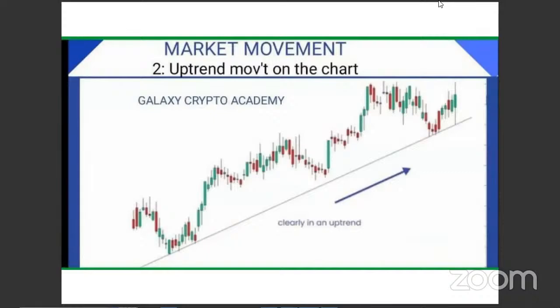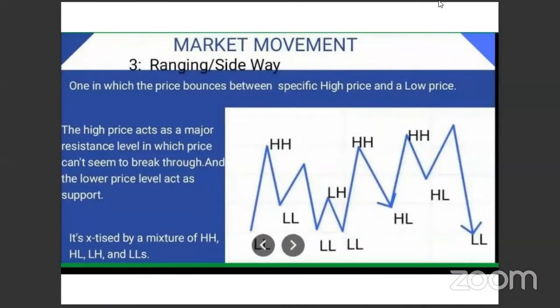And we could say that is an uptrend. Let me just go to the next so that I could save time, then I go to the chart at once.